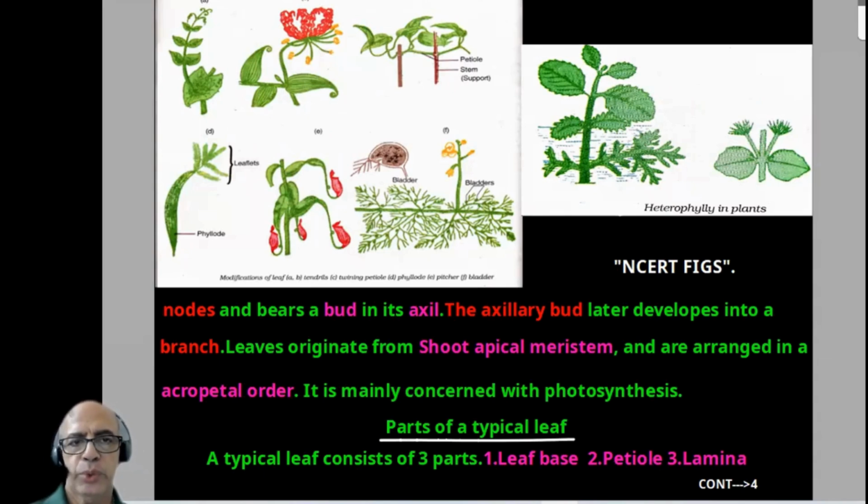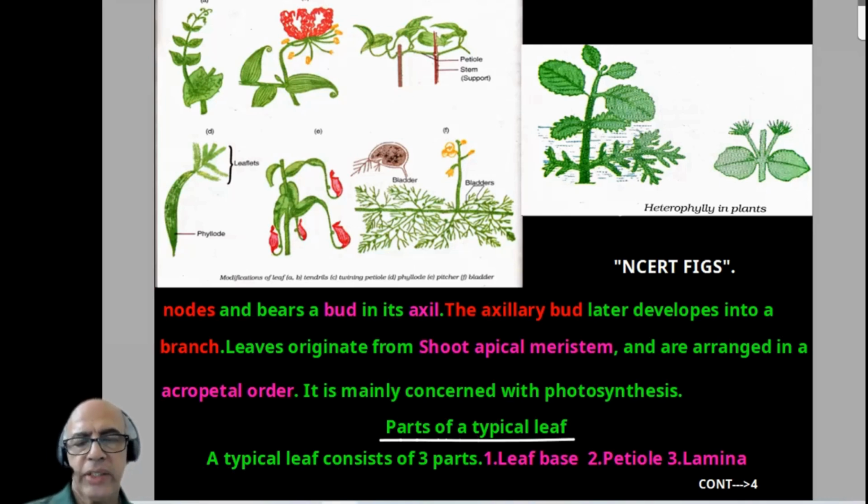So when we come to leaf, what is a leaf? As usual, we should know what a leaf is. NCERT clearly says it: a leaf is a lateral, generally flattened structure, borne on stems, developing at nodes, and bearing a bud in its axil.